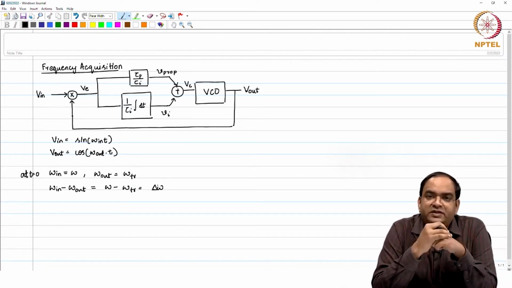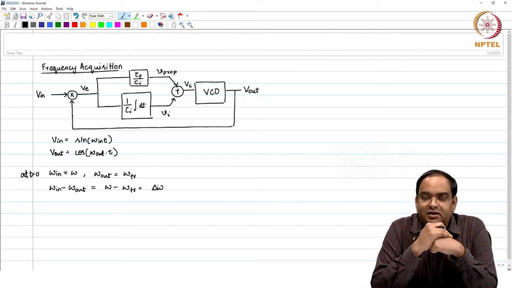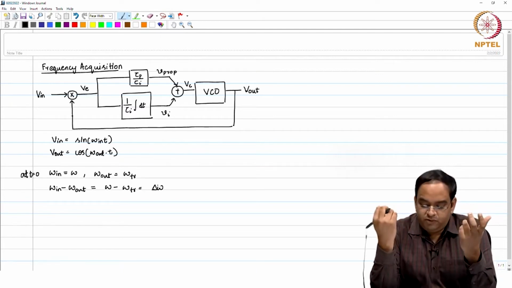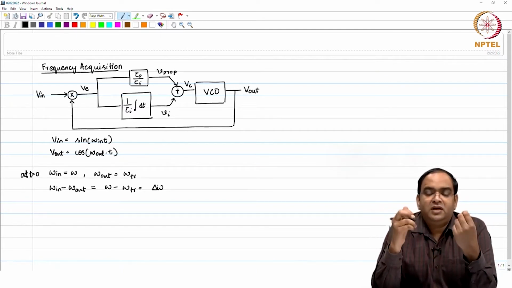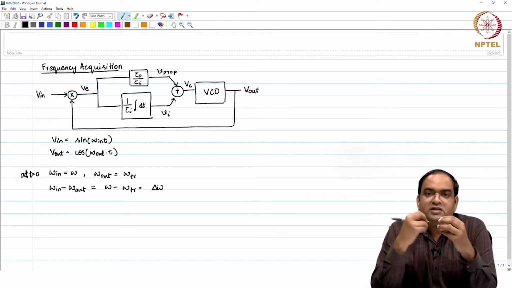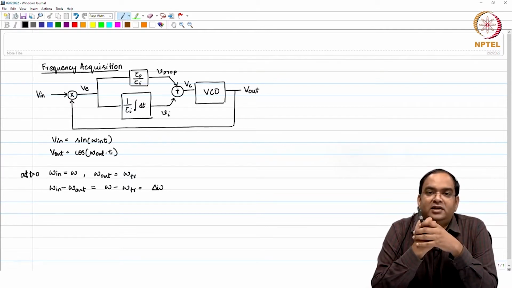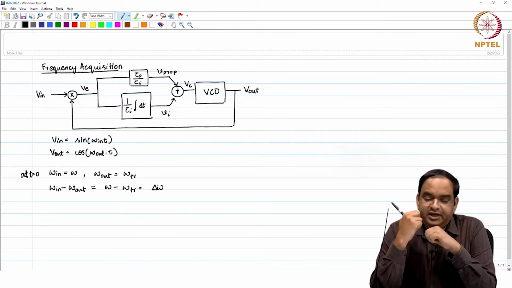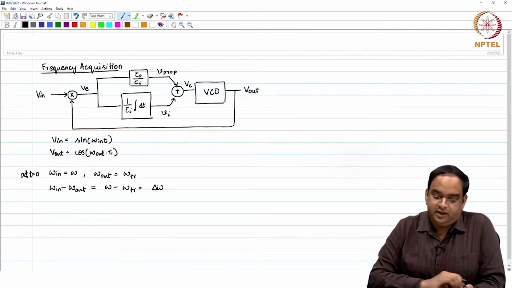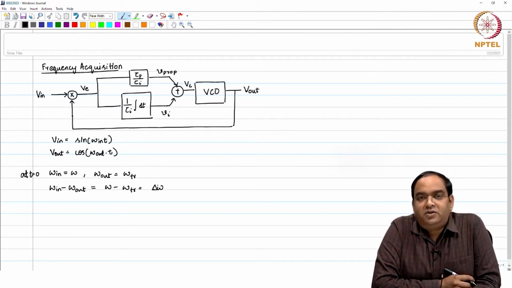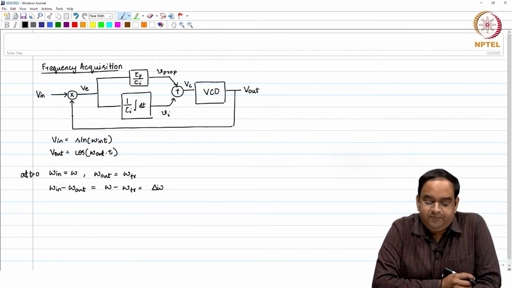When this frequency error is large, then type 1 PLL was unable to acquire the frequency. What do we mean by acquiring the frequency? That the control voltage develops in such a way that the output frequency is finally equal to the input frequency, and the phase error is also settled, it does not change with respect to time.